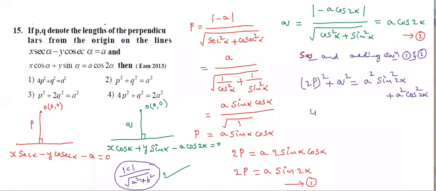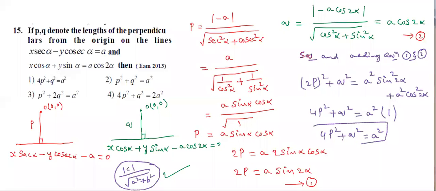Now here 4p square plus q square is equal to, in both terms take a square common, remaining sin square 2 alpha plus cos square 2 alpha, that is 1. So the final answer is 4p square plus q square is equal to a square. This is the answer. This is a very, very important question.